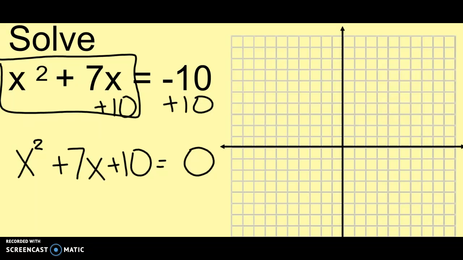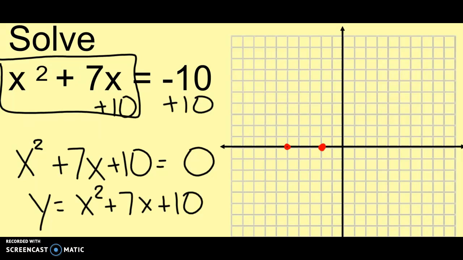Put that in your graphing calculator: y equals x squared plus 7x plus 10. Graph it. Look to see where it crosses the x-axis. I'm guessing it's going to cross at -2, probably -5. I don't know what the rest of it looks like.